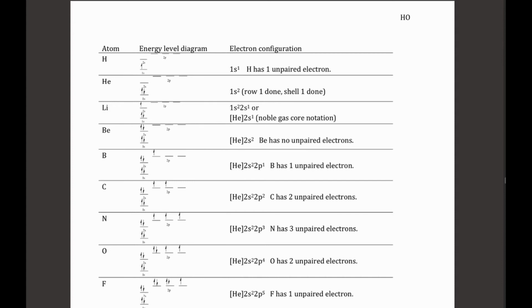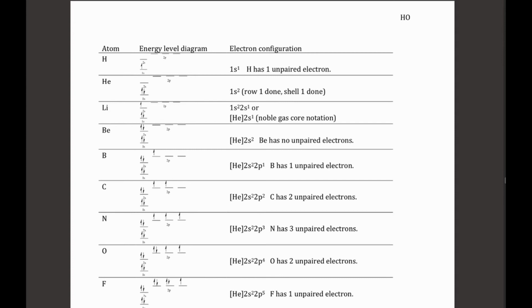So for 1s2, we can put He in square brackets and then just finish off the electron configuration for lithium. So we have [He] 2s1. It saves a bit of writing when we get to bigger atoms to use this noble gas core notation.